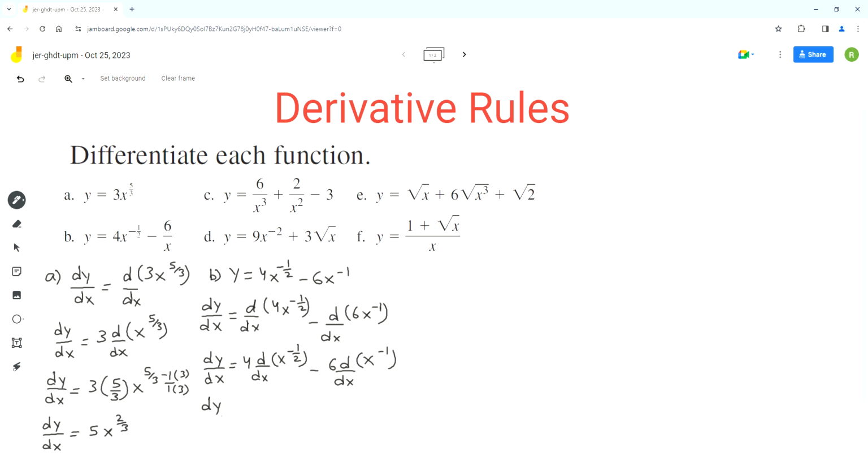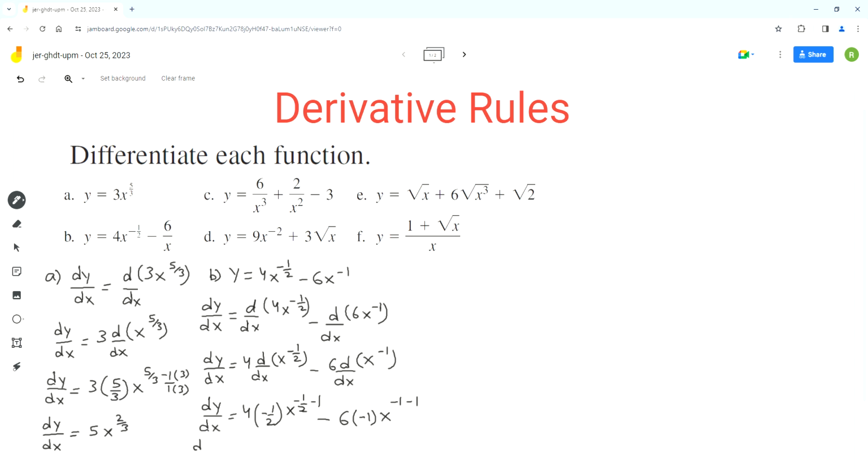So dy over dx equals, we'll use the power rule. We'll move the exponent negative half to the front as a coefficient and subtract 1 from it, so negative half minus 1. Subtract 6, then negative 1 times negative 1, which is the exponent, and then x to the power negative 1 minus 1.